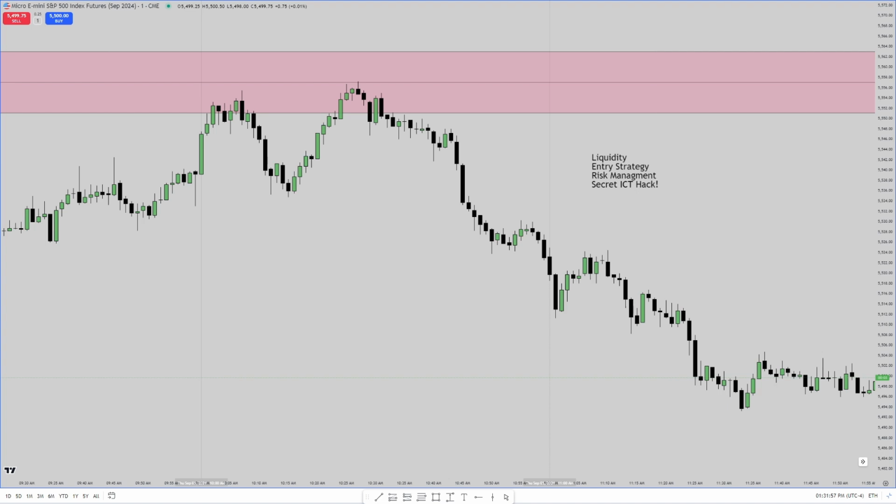And then we're going to talk about a secret ICT, or Inner Circle Trader, hack that I found. He's never really talked about it that I know of, but it's using his concepts. It's just something that I found in price action that happens a lot.